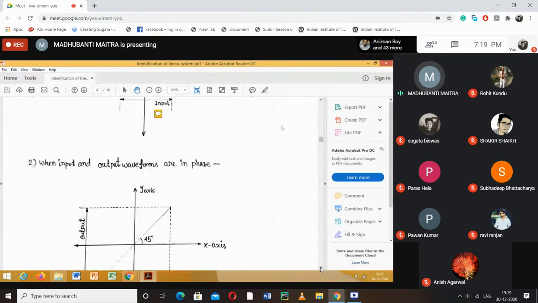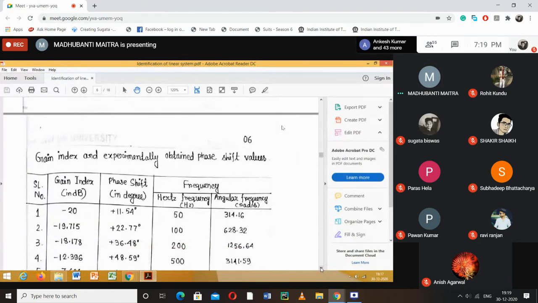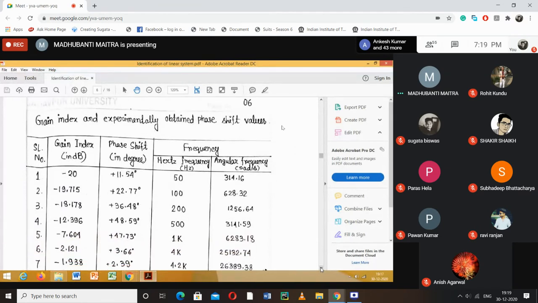So let's come to this particular table. The frequency was 50 hertz. Check whether the gain value will be equal to minus 20 dB or not. 0.6 divided by 6 is 0.1, and 20 log 0.1 is pretty simple, right? So the gain value, that means B by A, will be minus 20 dB.